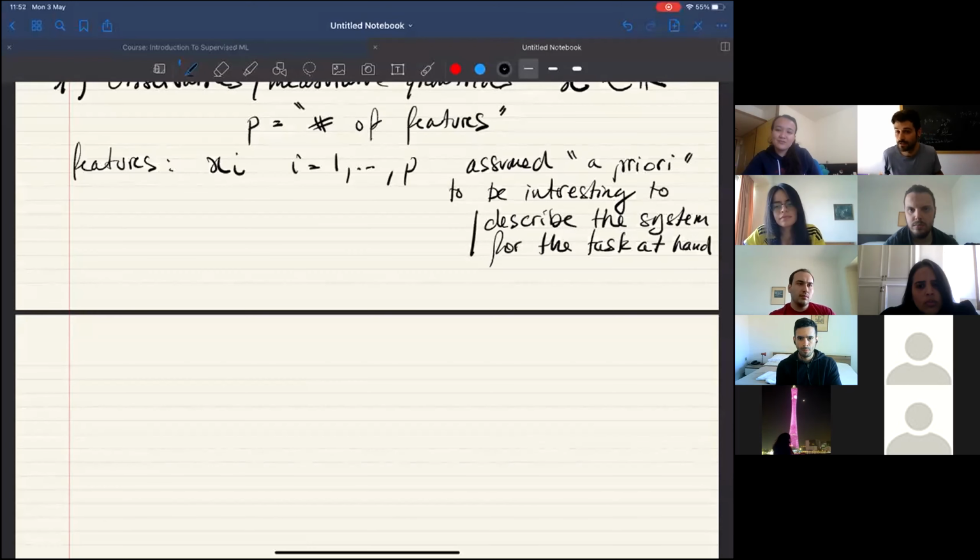If you have images, you consider that the information is contained in the pixels, and you don't necessarily want to pre-process in a complicated manner and pre-extract information in an arbitrary way from these pixels. What you want is to design a model that will do that automatically for you. So what you give it in this case are just the images themselves. The images are parameterized by very large vectors, which contain the values of the different pixels. So the features in this case are just the pixel values.